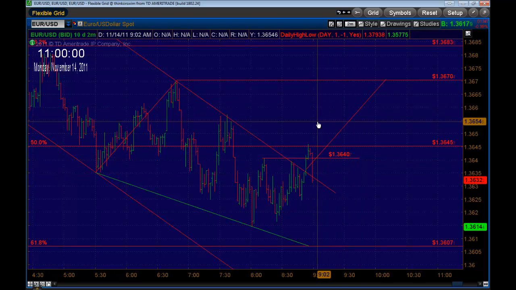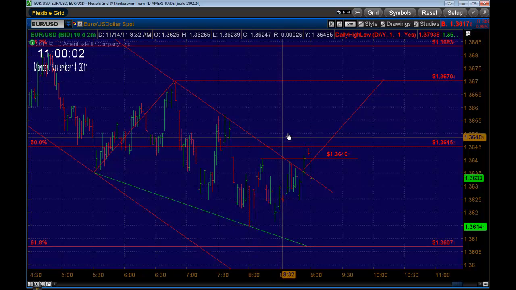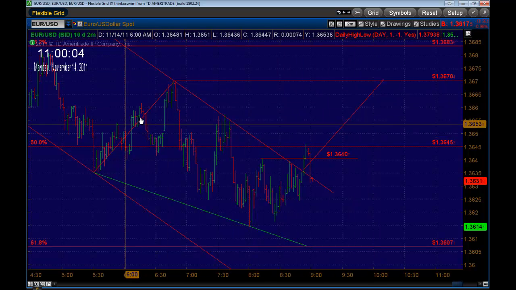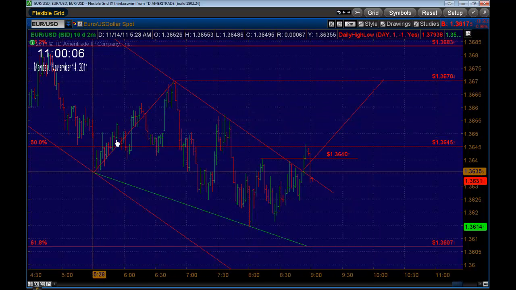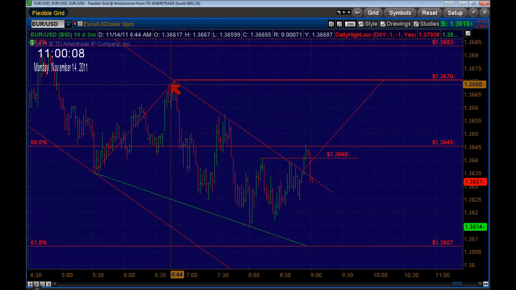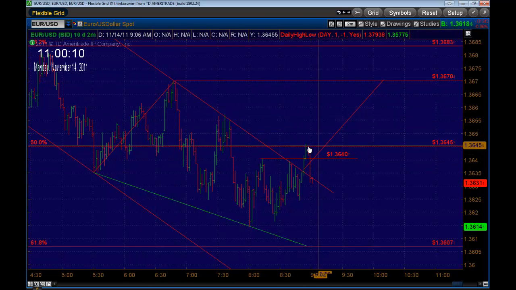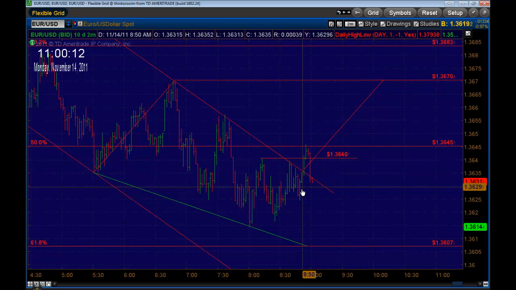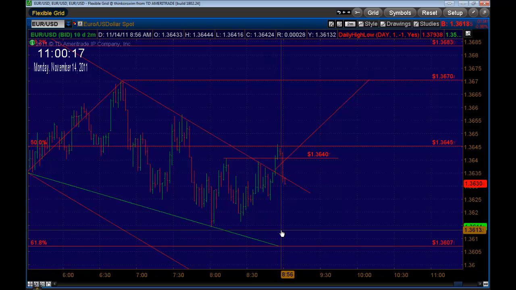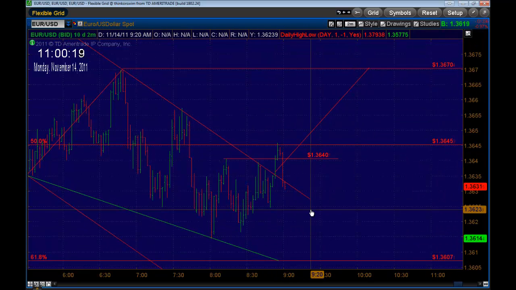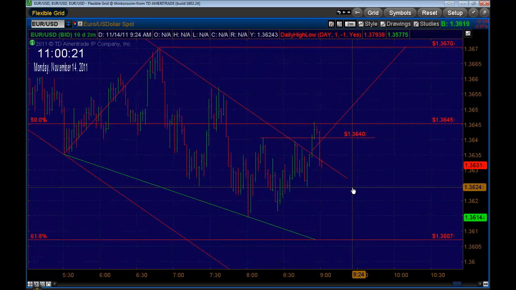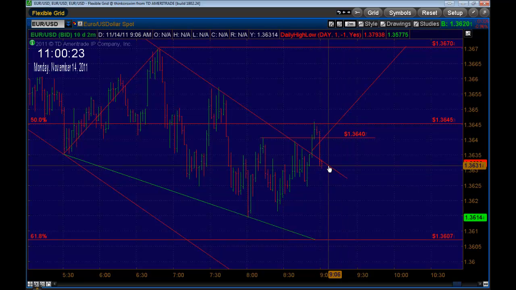The idea is that we start to work our way back up, and we start to measure the move. I'm going to be watching that we can stay above a lot of this price action. Right now the market is trying to shake out the weak longs, and we're probably going to run into a little bit of consolidation before we work our way back to the upside.